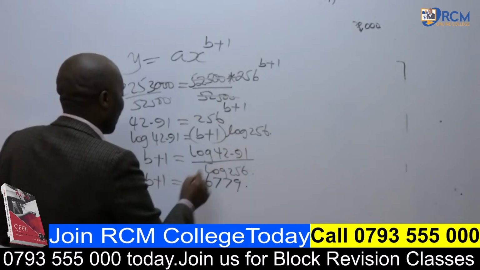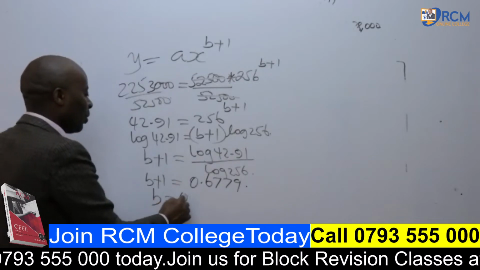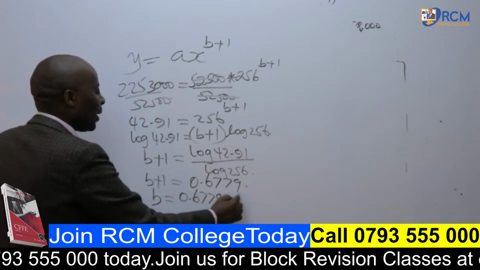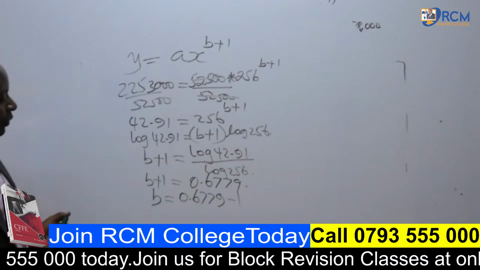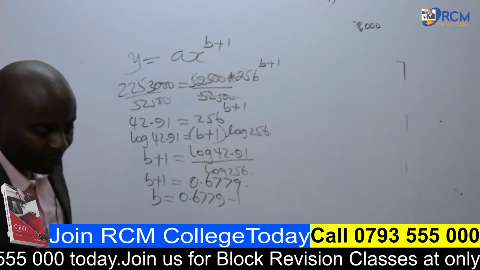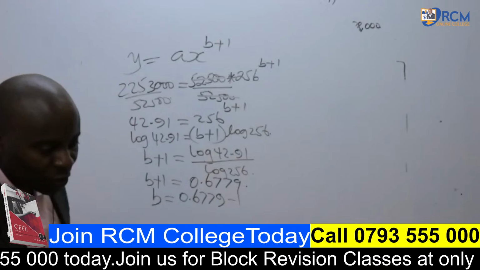0.6779. And therefore, my b will be equal to 0.6779 minus 1. Can you give us that figure?